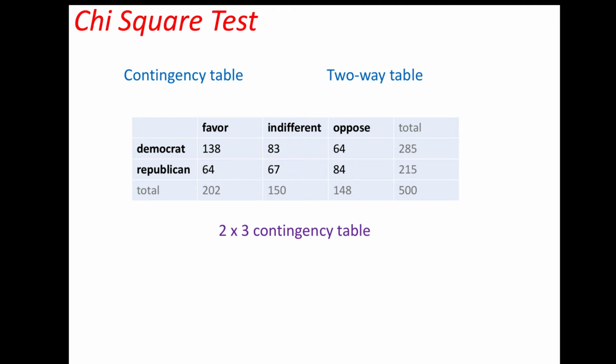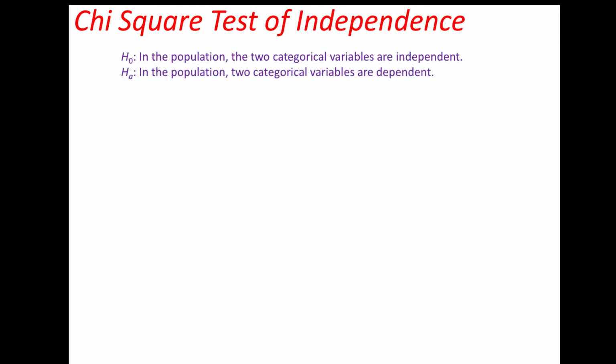So the real question being asked here is, are the explanatory and the response variable dependent on each other? And that gets us to our hypotheses and how you set up hypotheses for chi-square tests of independence. So how do we test the independence of two categorical variables? It will be done using this method called the chi-square test of independence.